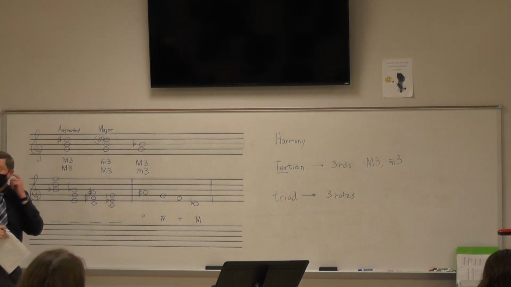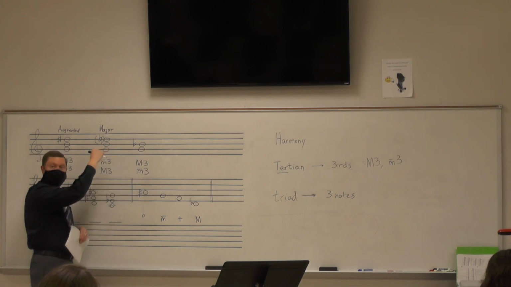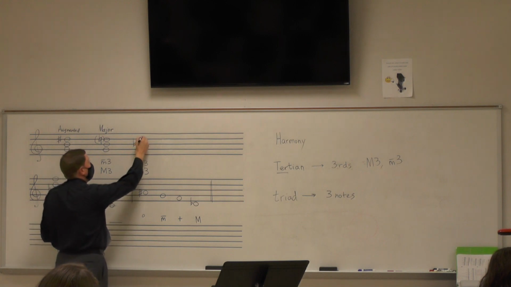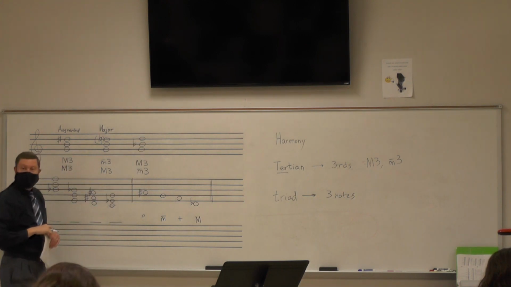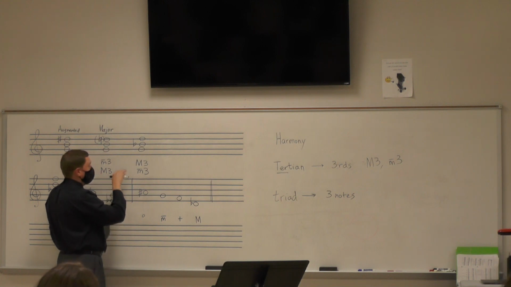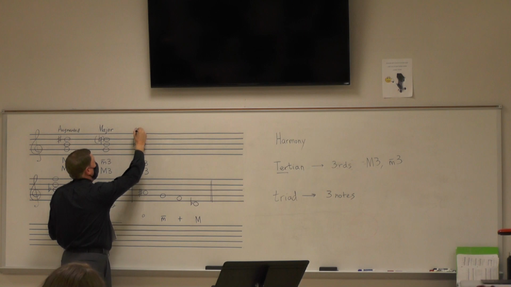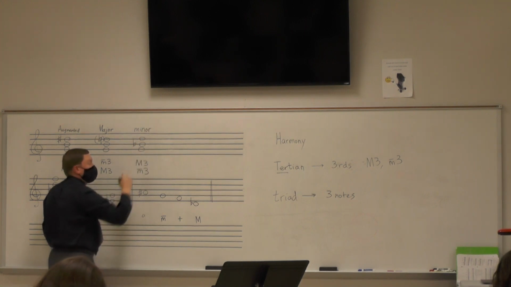G to B flat is a minor third. But then a major third above B flat gives me D natural, or D again. Stacking the notes in this particular combination of intervals results in what's called a minor triad.